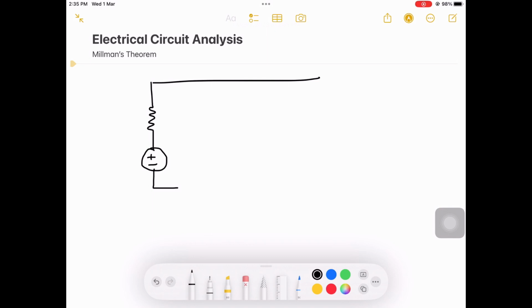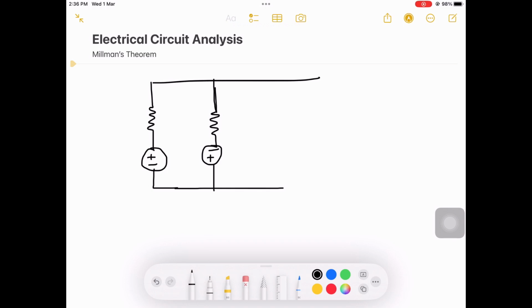Just a second, we'll draw the circuit. One more resistor in series with a voltage source of opposite polarity. The first voltage source is positive and negative. The second voltage source I'm taking as negative and positive.